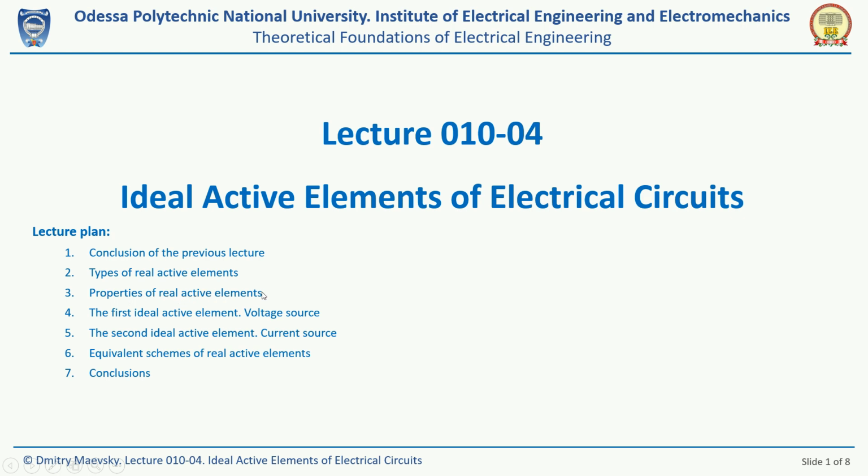We will introduce the concept of two ideal active elements of electrical circuits, a voltage source and a current source. We will encounter these two sources constantly in the process of studying the theory of electrical engineering.